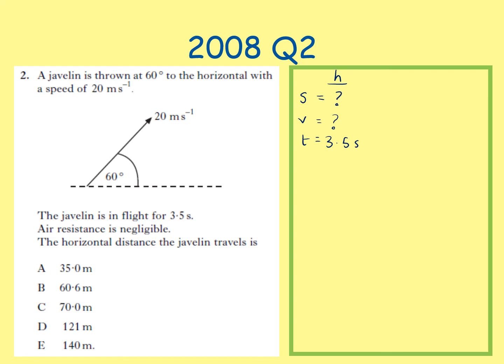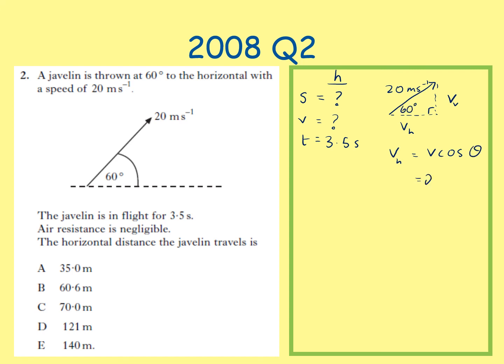So if we draw a small diagram of this, we have our 20 meters per second. We have our horizontal velocity and our vertical velocity. We know that our horizontal velocity is equal to v cos theta, and we have 60 degrees in there.